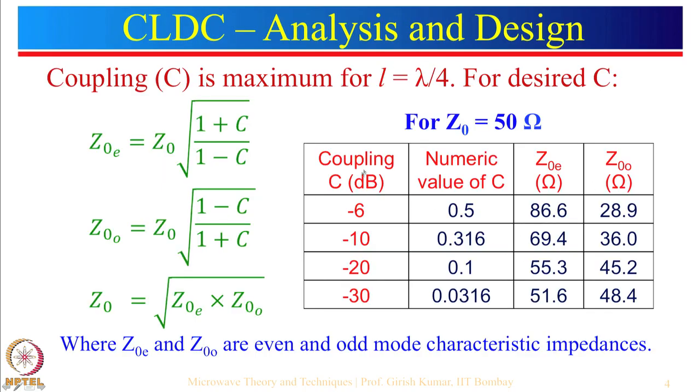After that, we saw that the coupling is maximum for length equal to lambda by 4, and these are the expressions for even mode and odd mode impedances in terms of characteristic impedance and coupling.